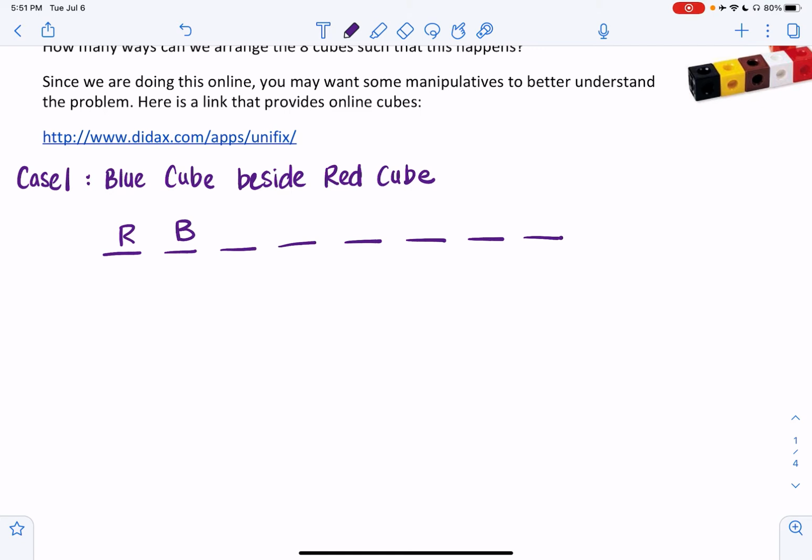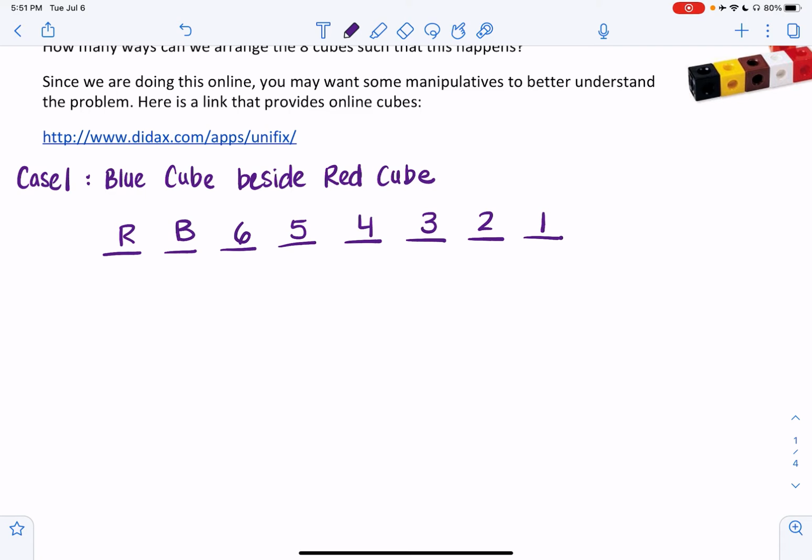Now we've already used up 2 of the cubes, right? Our red and blue ones are accounted for. So for this next spot, we have 6 possible cubes that could go there, our 6 other different colors. Now that 1 is accounted for this spot, we have 5 options for here. Then we would have 4 options for here, 3 options, 2 options, 1 option.